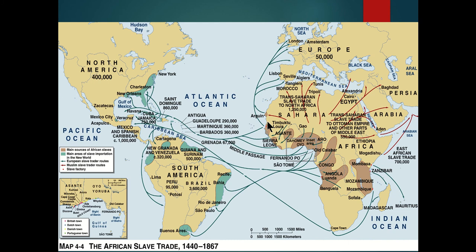Now, slavery lasted even longer than 1867, as we'll see when we continue our conversation of slavery. But we're talking about the triangular trade, and the slave trade happened during these 400 years. That is crazy to me. 400 years. I just can't wrap my mind around it.